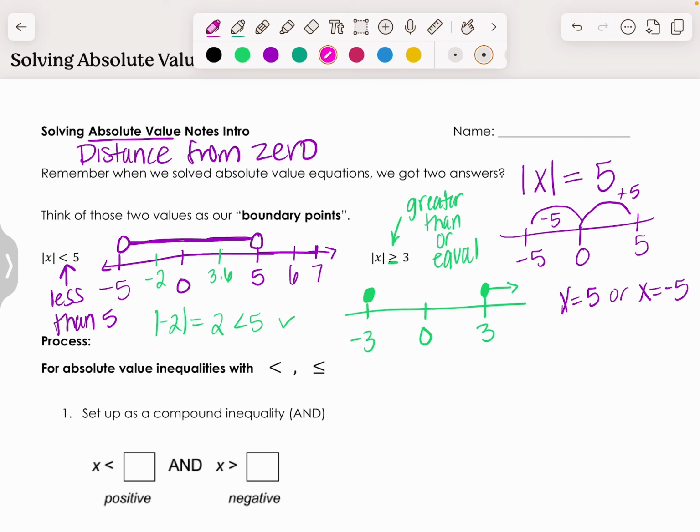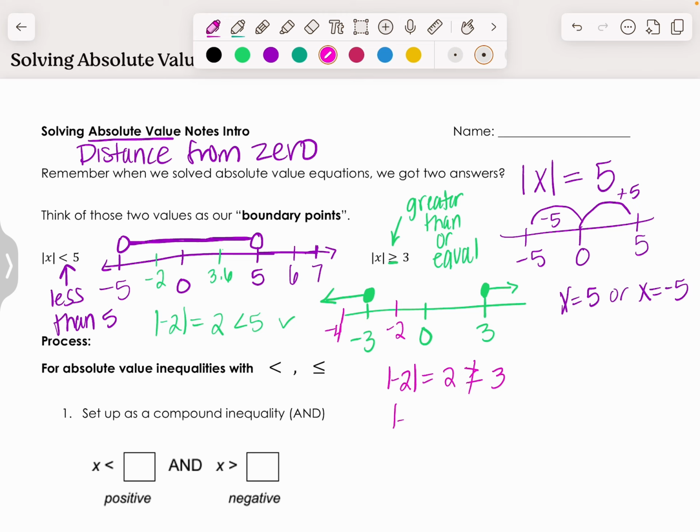If we picked negative 2, the absolute value of negative 2 would be 2, but 2 is not greater than or equal to 3, so that would not satisfy this inequality. This time we would want to go with the numbers that are more negative, like negative 4.